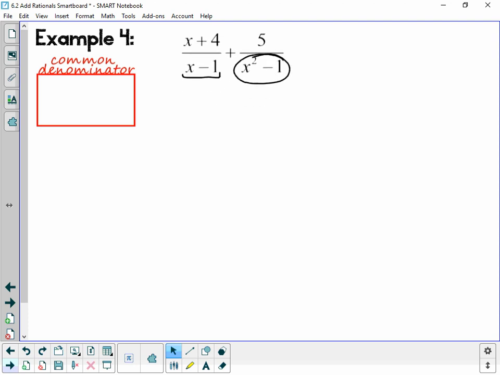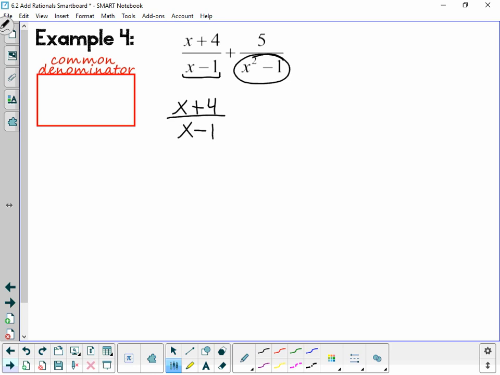So for just a minute, I want to focus on that second fraction. I'm just going to rewrite that first one. Because this right here has two factors in it. We have a factor of x plus 1 and a factor of x minus 1.